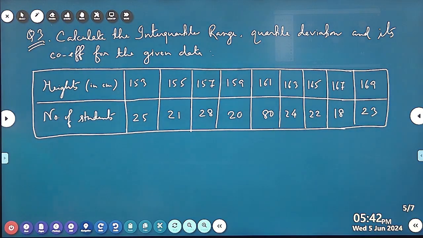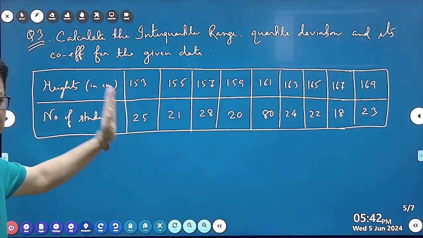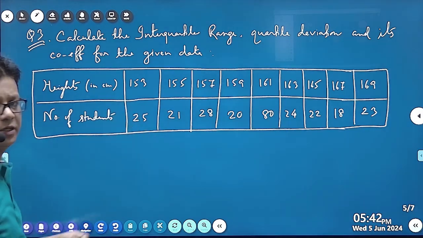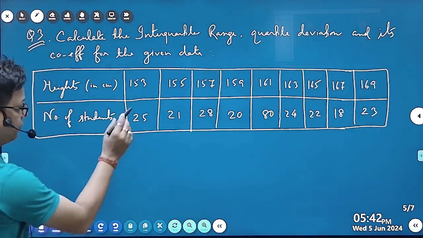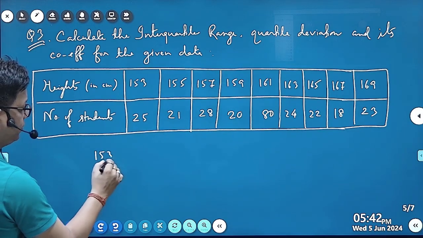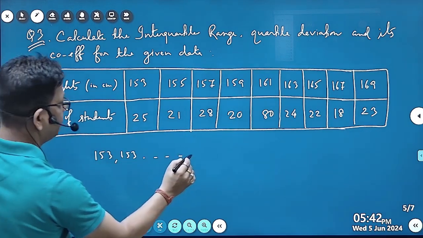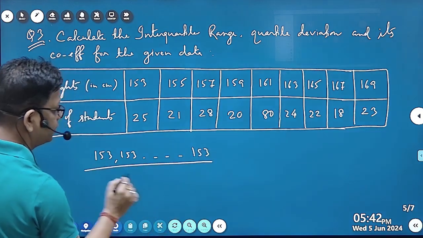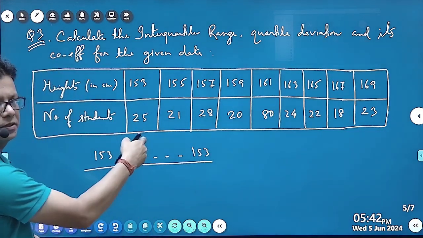Done. Now, I think you understand this discrete table. 153, how many times will it be there? Just don't write this. What does it mean actually? 153 will be there 25 times.